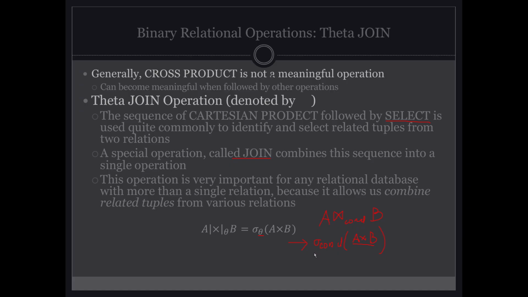It's a Cartesian product followed by a selection given some condition. Or alternatively, you can do this kind of shortcut where you have this X looking thing with the lines on the right and left side, which is written like this in ASCII because you don't have this kind of weird symbol in ASCII, and subscript the condition.